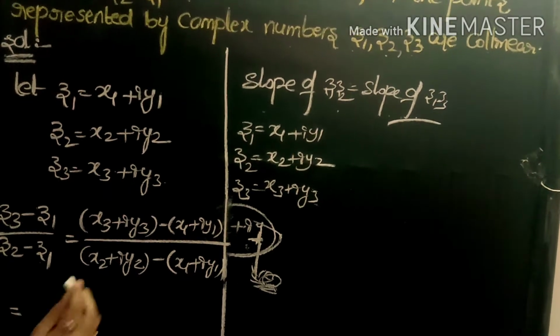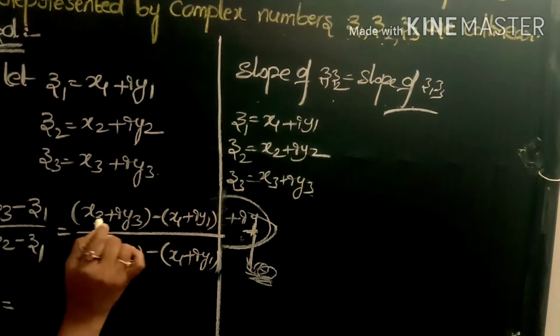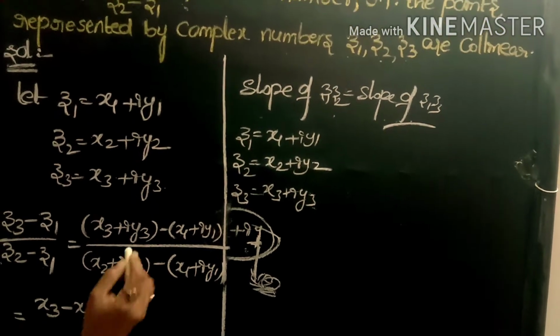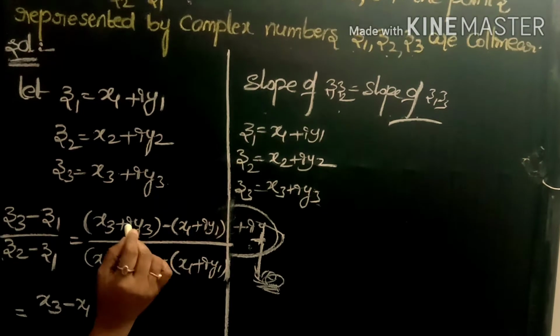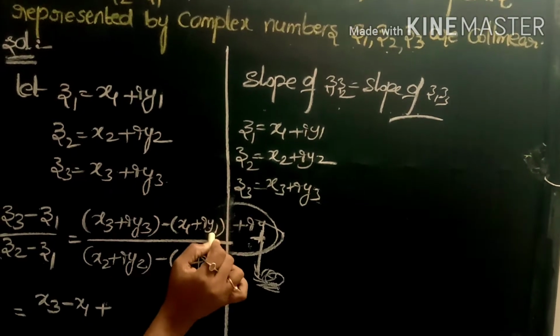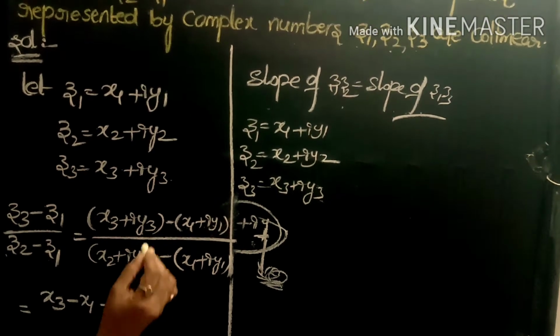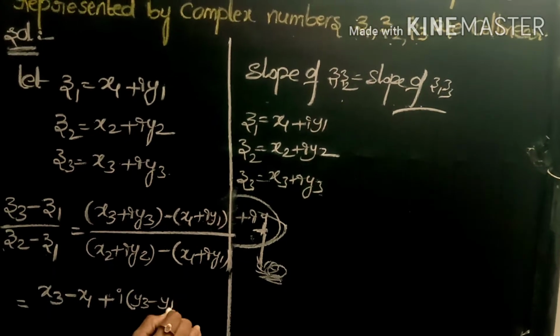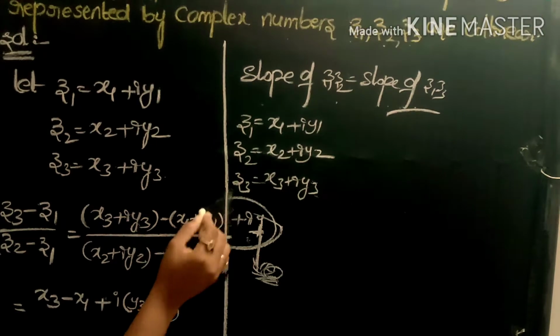First we take the real part, that is x3 minus x1, plus the imaginary part iy3 minus iy1, taking i common, that is i into (y3 minus y1).